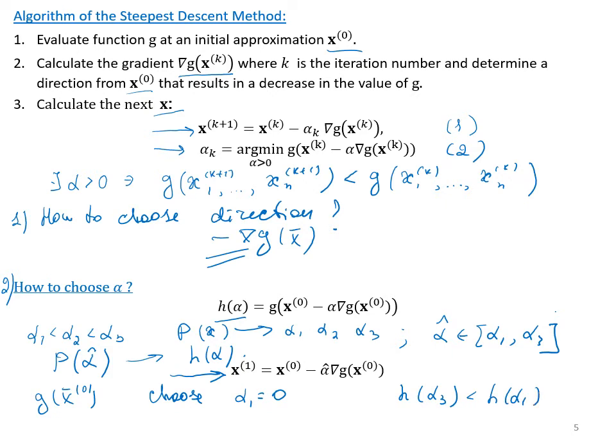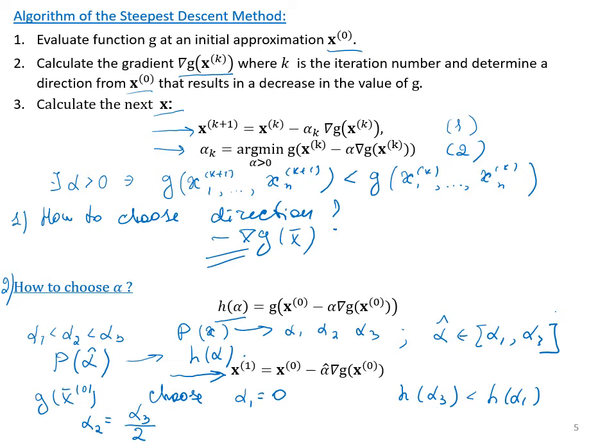Since alpha 1 we just picked and it does not minimize function h. Therefore, we try to find minimum of our function h. Therefore, exists such alpha 3 which gives us smaller value of function h at this point alpha 3 than value of our function h at point alpha 1. And we choose alpha 2 as alpha 3 over 2, just half of alpha 3. It's just our choice.